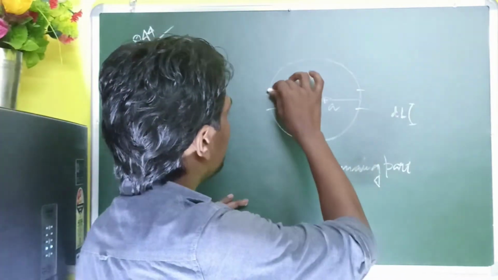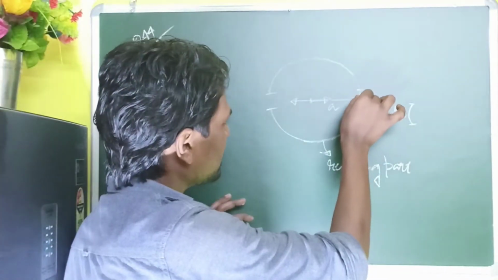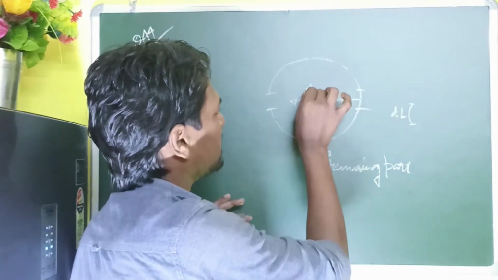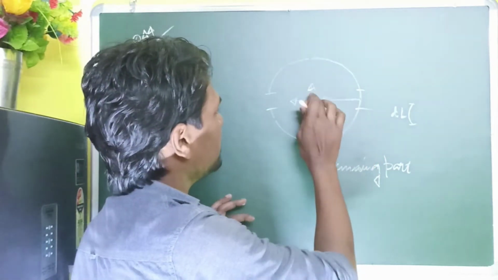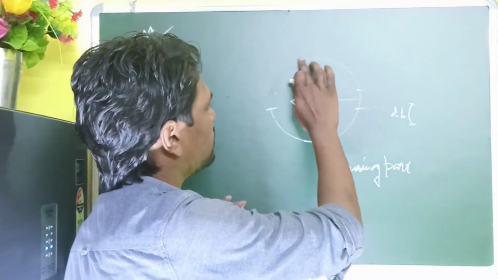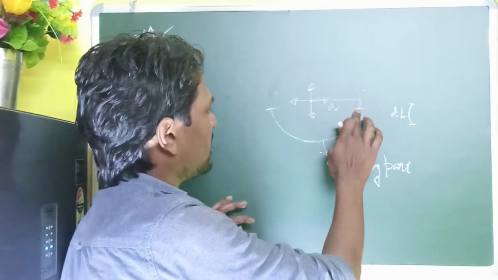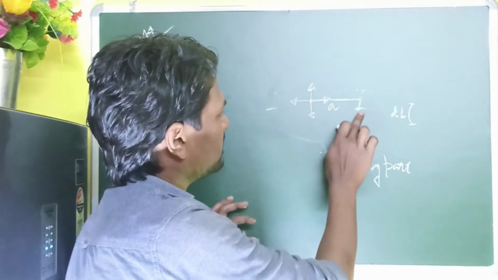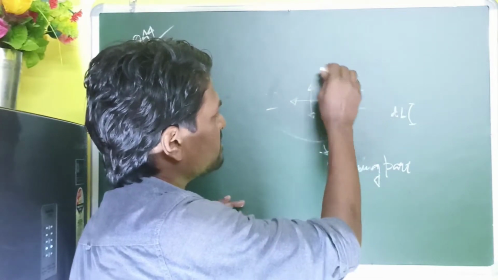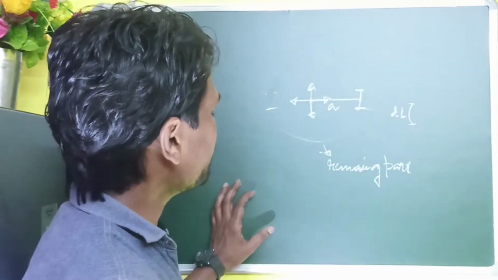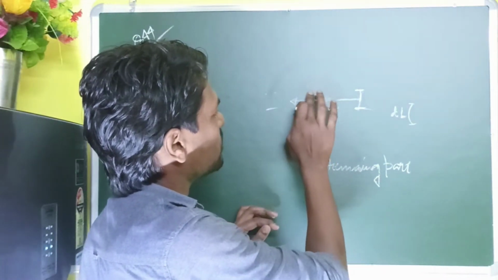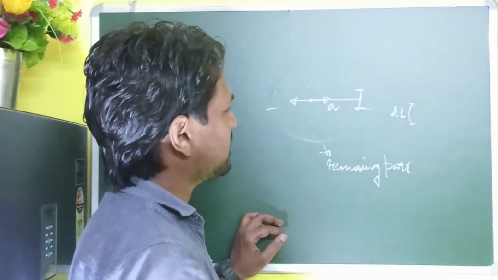Then the electric field due to that particular part is along this direction and due to that particular part is along this direction. So this and this cancel, and the total of this part and that part cancels. So the total contribution of the field is due to that particular one.